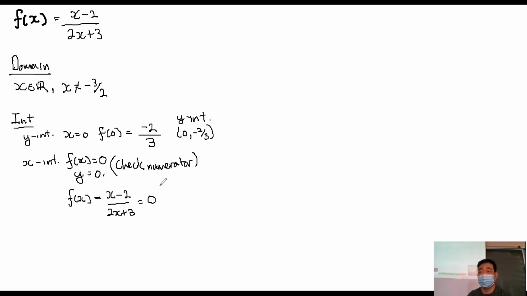When the numerator equals a 0, right? 0 over 10, 0. 0 over a million, still a 0. It all depends on the numerator. And so, therefore, when is x minus 2 equals to 0? When x equals 2. So the x-intercept is (2, 0).